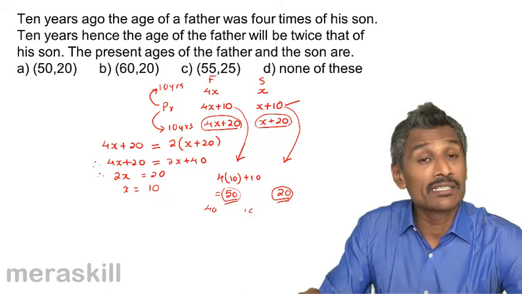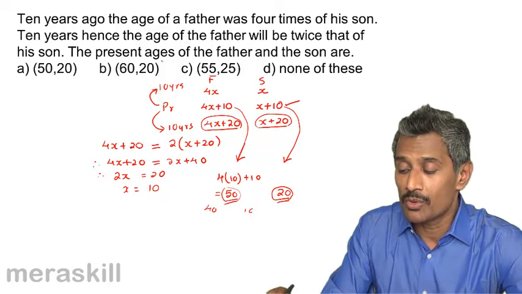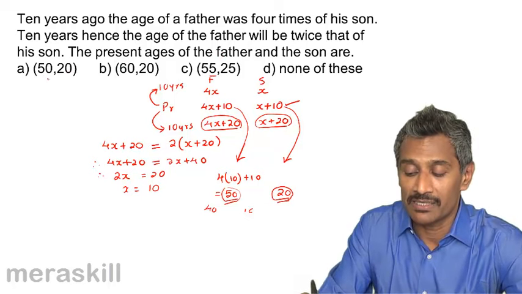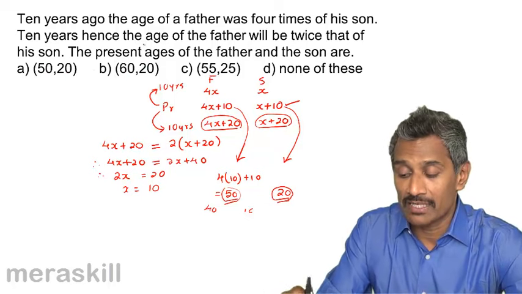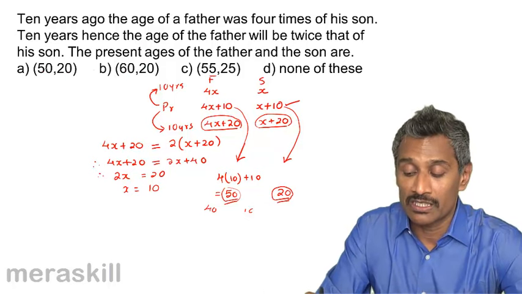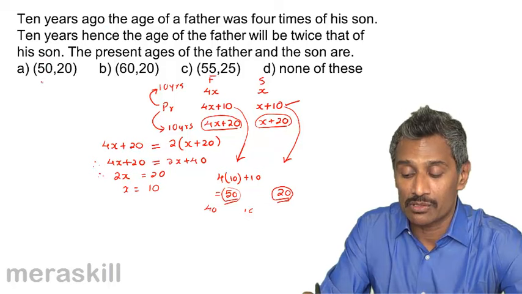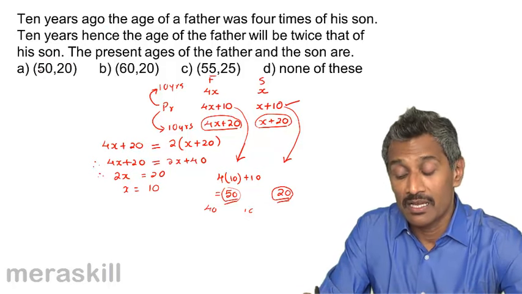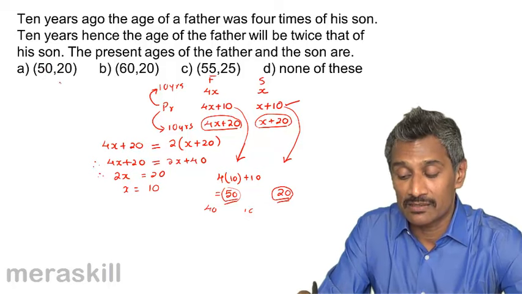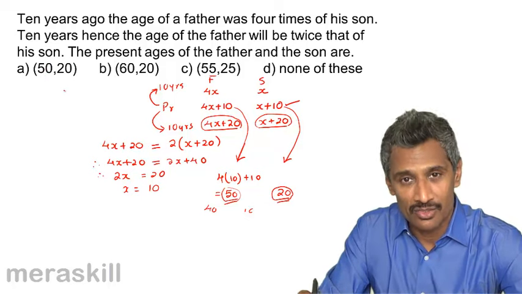It would also be smart to actually check each of these values for this particular condition. So 10 years ago, father's age was 40, son's age was 10. Yes, 40 is 4 times. 10 years hence, this is 60, this is 30. So 60 is 2 times 30.